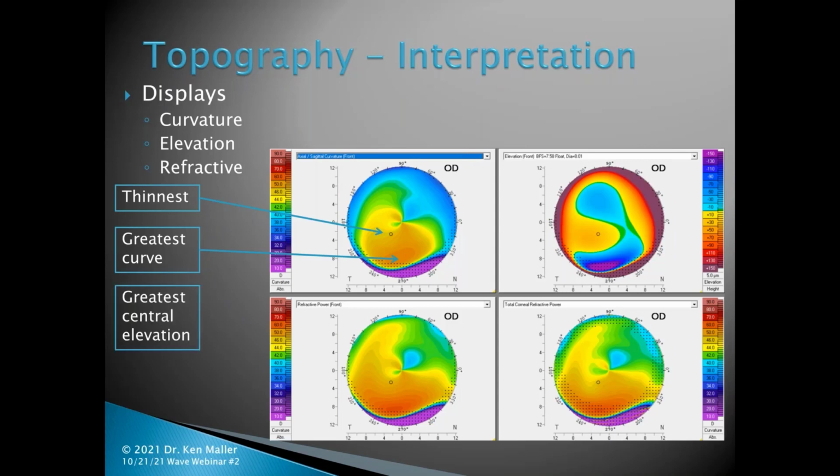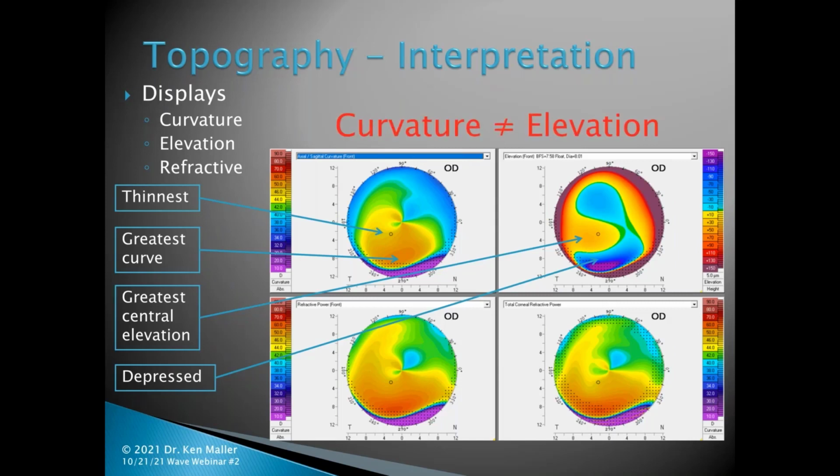If we look at the elevation, however, we could see that the greatest central elevation is considerably higher than where the greatest curvature is. Additionally, that area that's in the blue is depressed, and that depressed area is actually corresponding to the area of greatest curvature. And so what does this teach us?